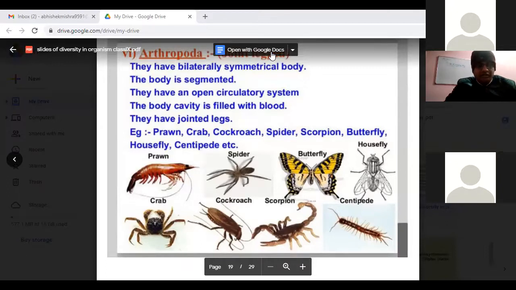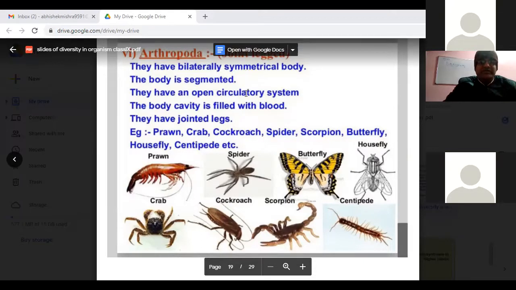Body cavity is called, chest cavity means. Go for it, Pallavi. Coelom. Very good. Yes, so the body cavity is called the coelom.